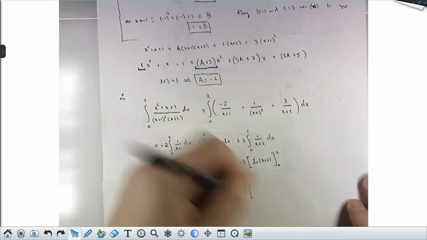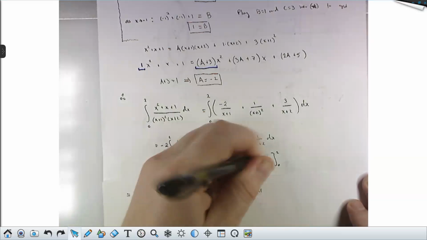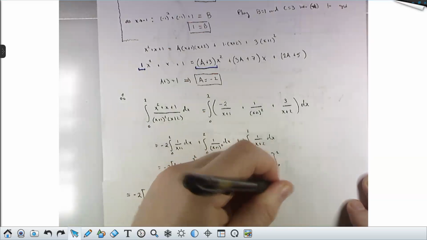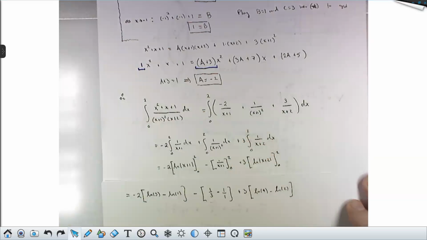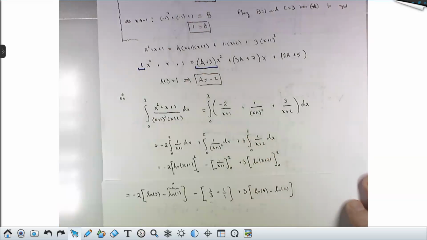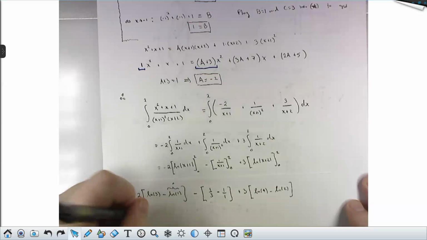Plus 3 times, at 2 we have 4 minus the ln of 2. The natural log of 1 is 0. You got to know that. So this is negative 2 ln 3.